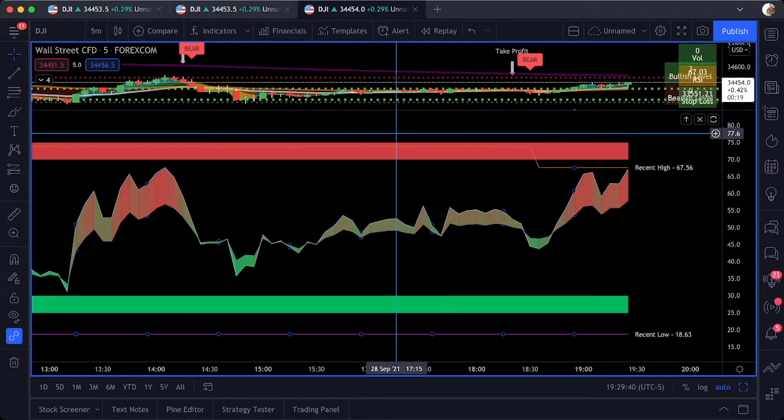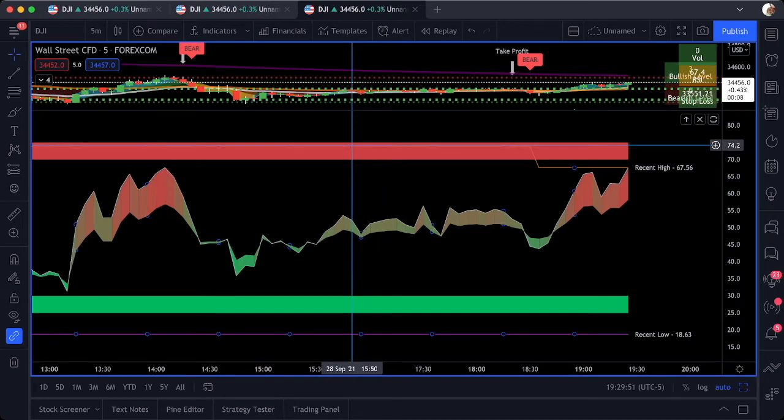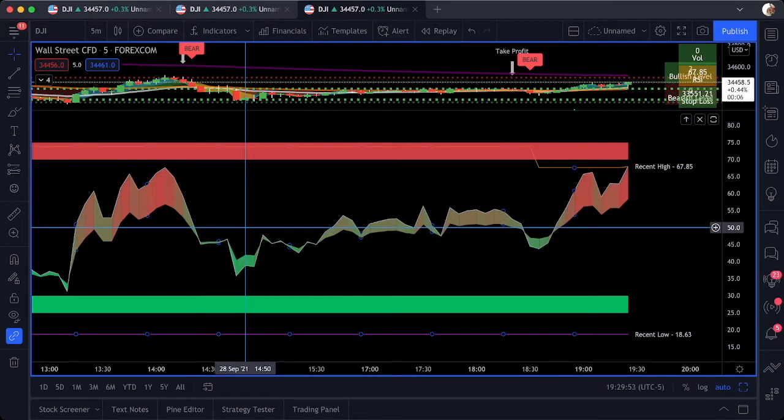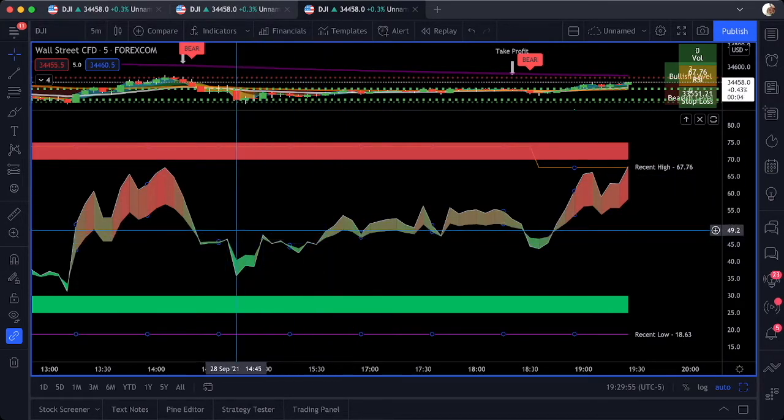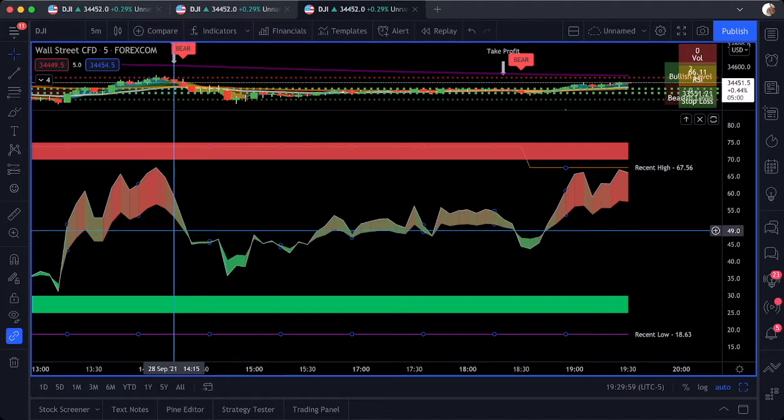Then we have the visual style. Ooh, sounds fancy. Gradient provides you with a gradient fill between two RSI lines. The first is the root RSI based on your settings, and the second is a doubled value, which creates the fill gap.